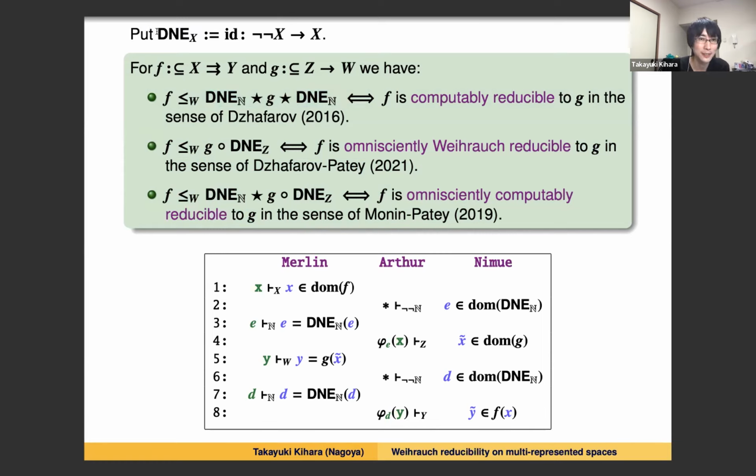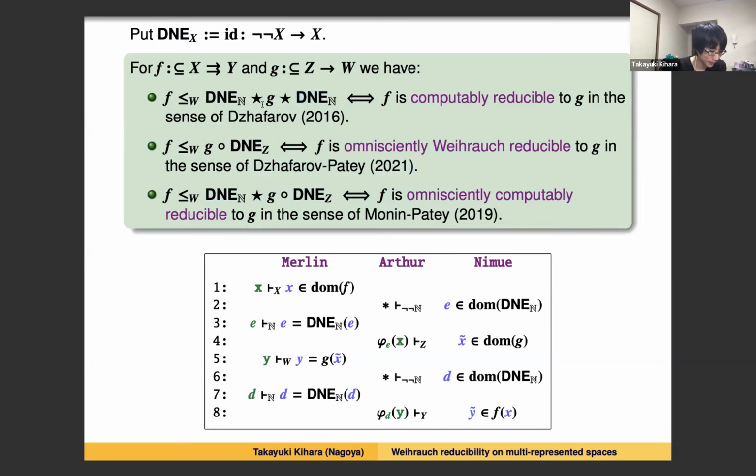Double negation elimination on X is the identity function from the double negation of X to X. So we can characterize these reducibilities using double negation eliminations.